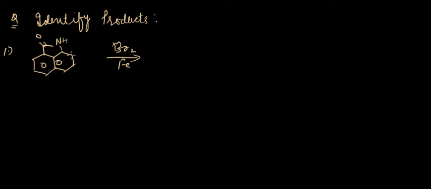So we have to determine at which position the Br plus will get attached. Obviously this is a deactivating ring, but the nitrogen atom attached to the carbon atom also has a lone pair, hence it is ortho directing and para directing. Okay, so we would get something like this.